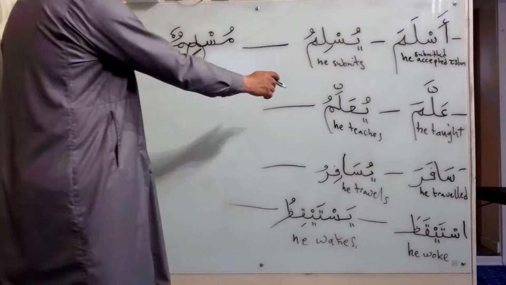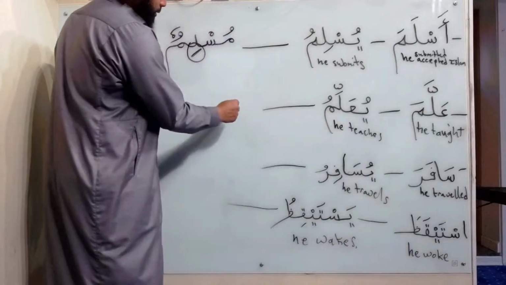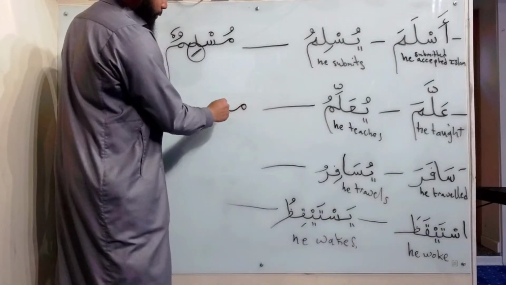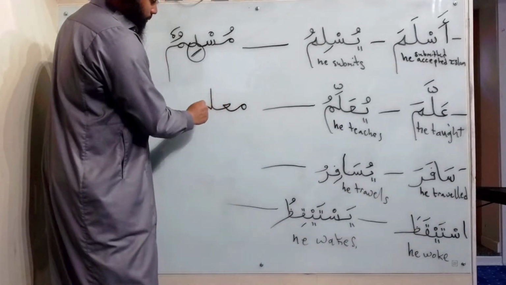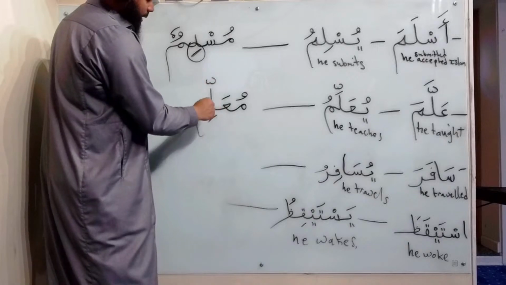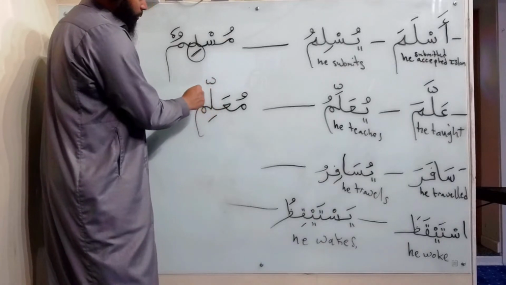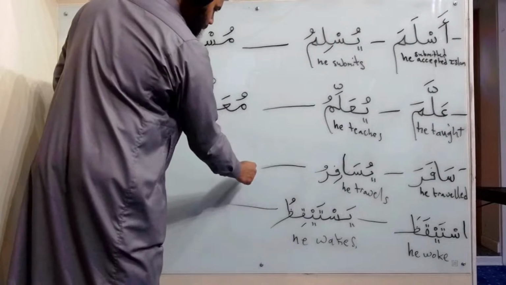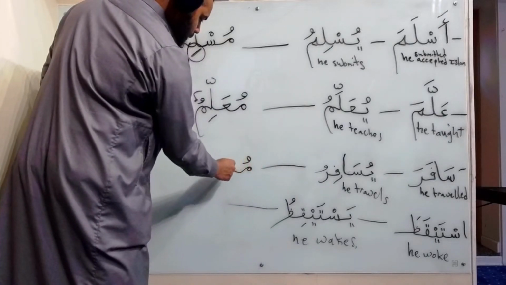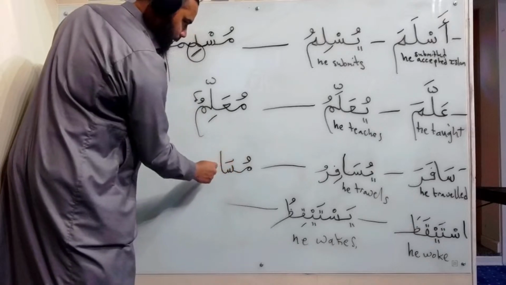So now if you do the same to this, if you take out the ya and put in a meem with a dhamma, you're going to end up with Mu'allim. And make sure here there's a kasra. Mu'allim. You take out the ya, put in the meem with a dhamma, you end up with Musafir.